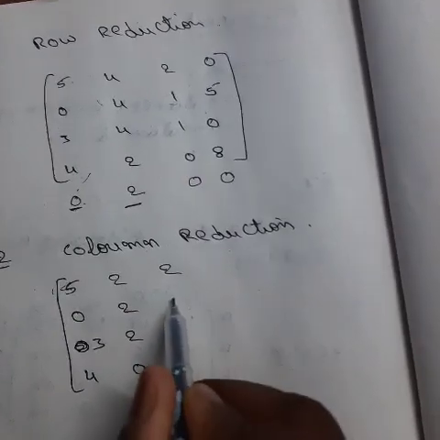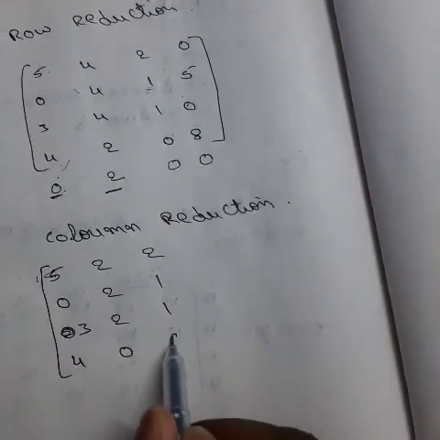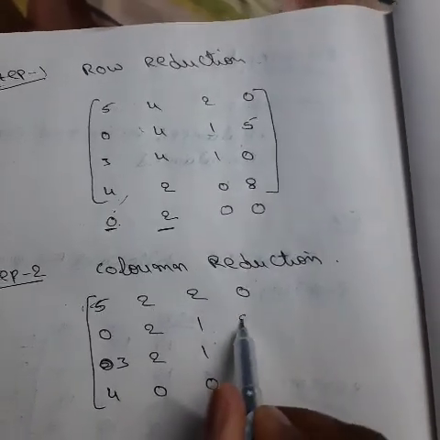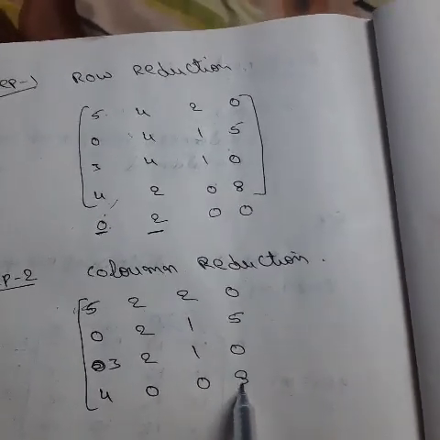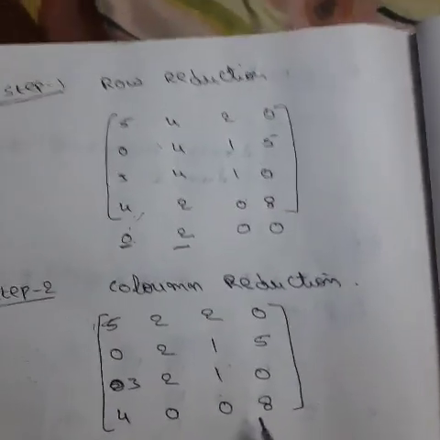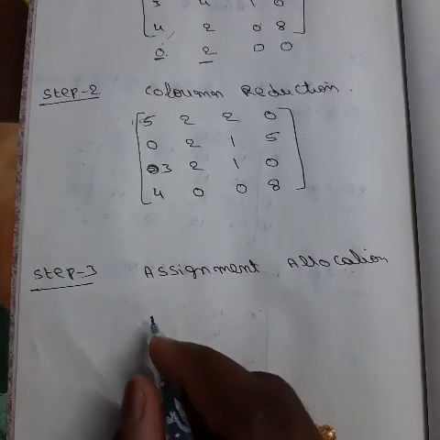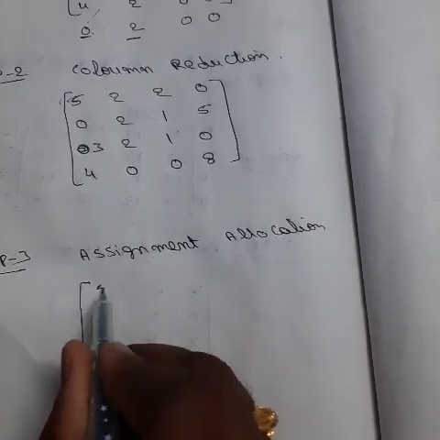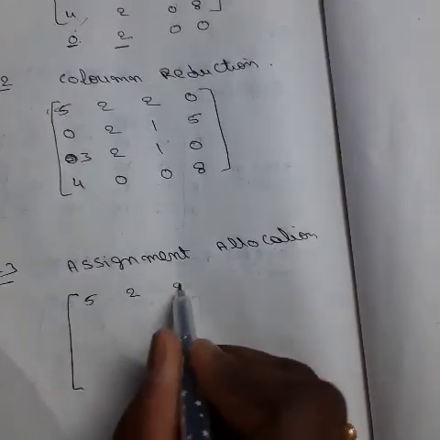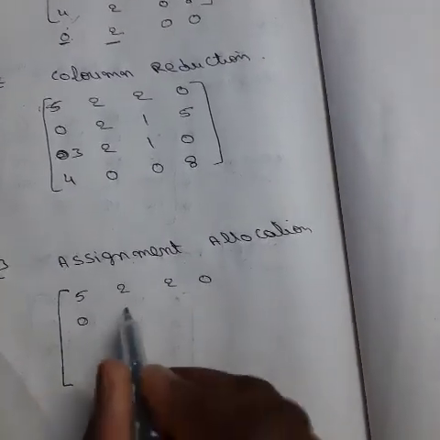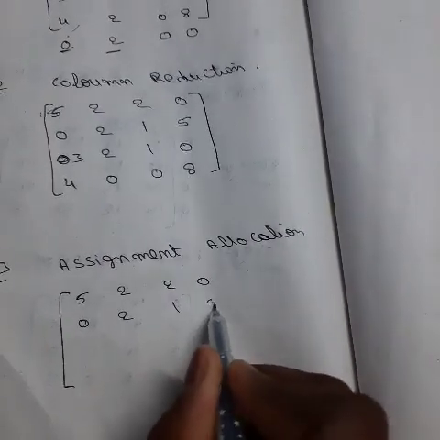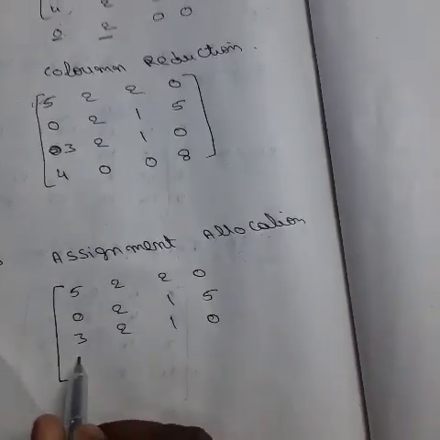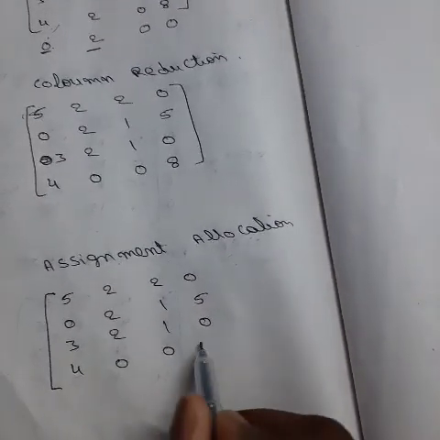Next, 2, 1, 1, 0, and then 0, 5, 0, 8. The next step is assignment allocation. Under this, draw the same table: 5, 2, 2, 0, 0, 2, 1, 5, 3, 2, 1, 0, 4, 0, 0, 8.